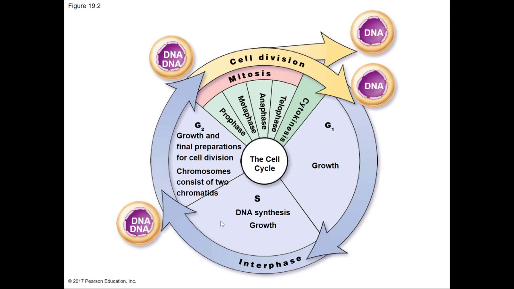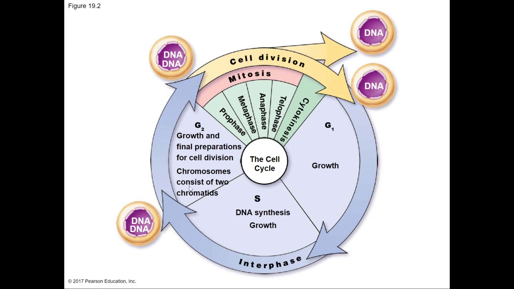Following the successful copying of the DNA, the chromosomes will consist of two sister chromatids. Those will be identical. We're going to have some more growth and additional multiplication of the organelles like the mitochondria until the cell is ready to undergo formal mitosis.